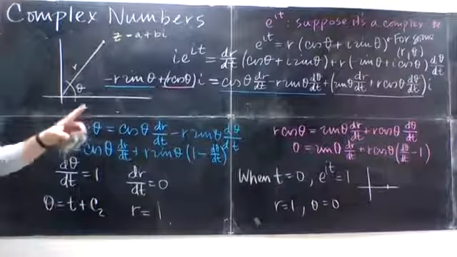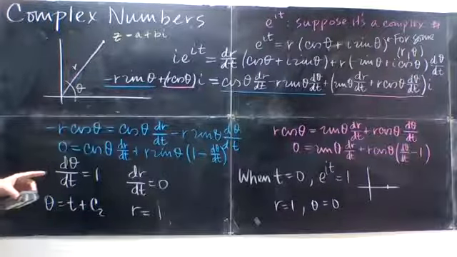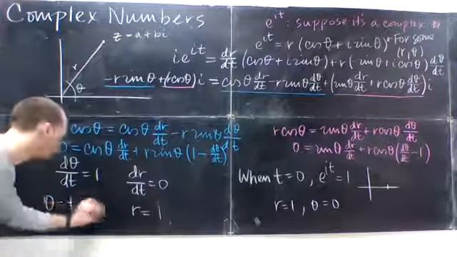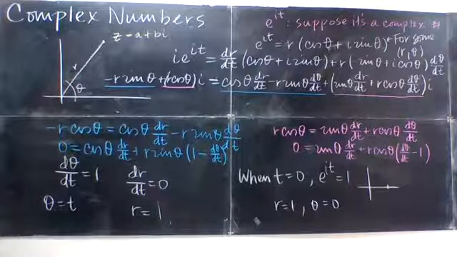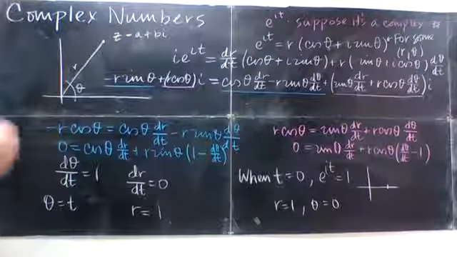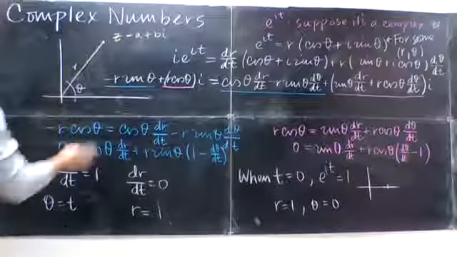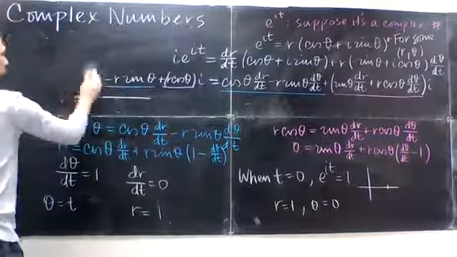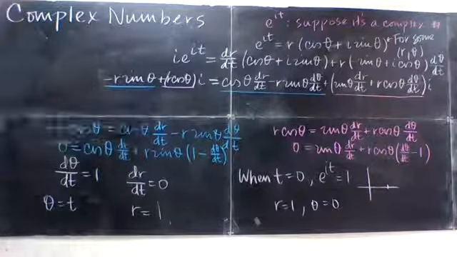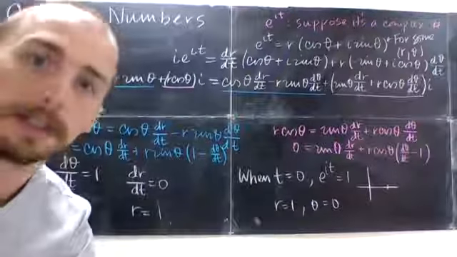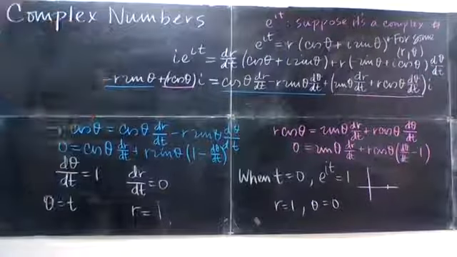And if theta is 0 when t is equal to 0, then theta needs to equal t, which is what I'd hoped to show in the first place. So the conclusion is that e to the it is cosine of t plus i times the sine of t.